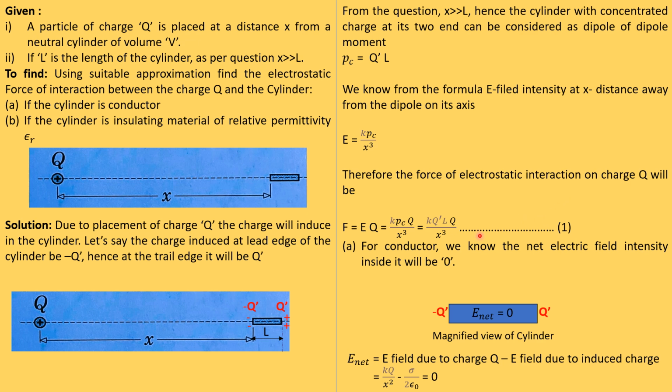Now we should deal with the cylinder of conducting material. In a conductor, we know that the electric field inside it is 0. We have shown the magnified view of the cylinder, though the cylinder is very small in comparison to the distance x, the linear dimension.